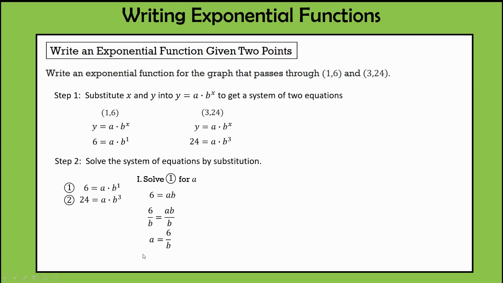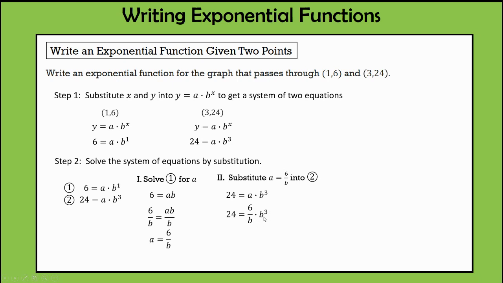So I know the value of a is a equals 6 over b. Okay, now in substitution, we take the answer we just got and substitute it into the other equation. So equation 2 is 24 equals a times b to the third. I'm going to replace this a with 6 over b.